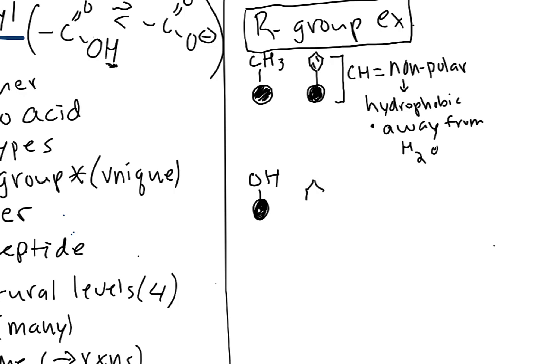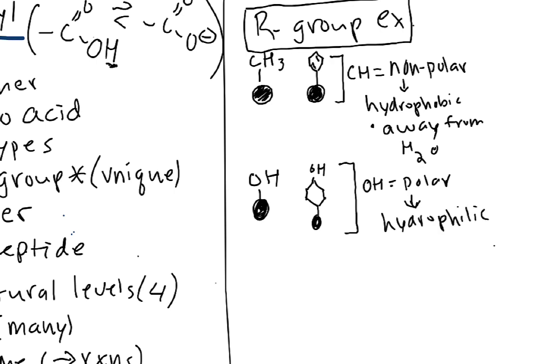Okay, what about some amino acids with a hydroxyl group on it, the OH? Maybe we have a ring and then a hydroxyl group on top of that. Those, as you know, hydroxyl groups are polar. So we've got the OH bond, polar, which means it's hydrophilic. Which means it's going to interact well with water and would likely face towards it.